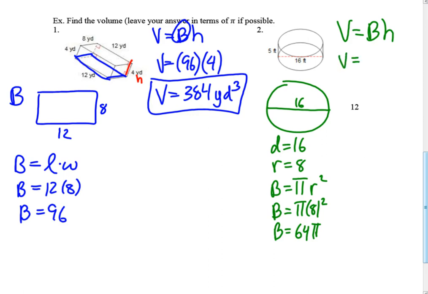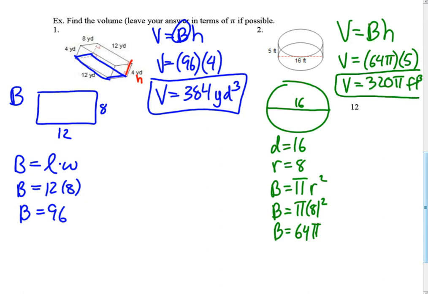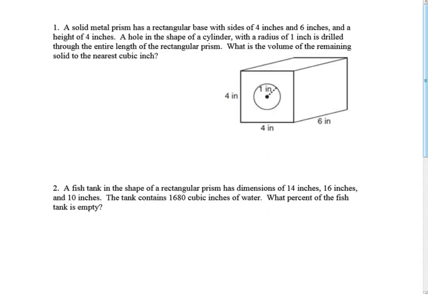So the volume would be 64 pi times 5. We've been asked to leave this in terms of pi, so we just multiply 64 times 5, which is 320 pi feet cubed if we wanted to put units on it. Okay? So again, you see the difference between how those formulas are used. They both have capital B, but one has a rectangular base, one has a circular base.